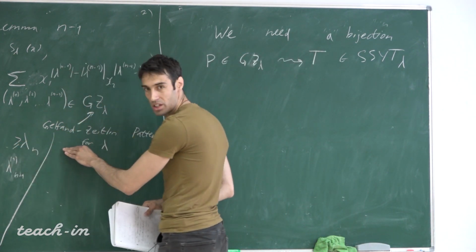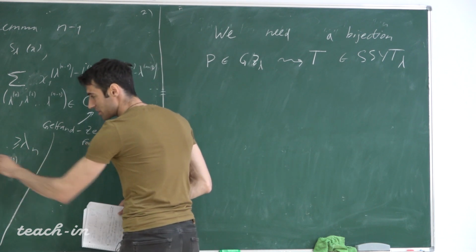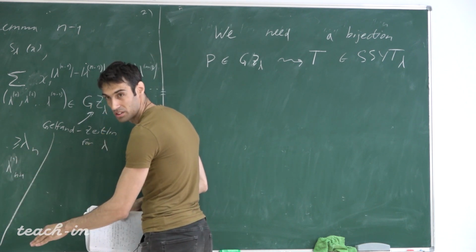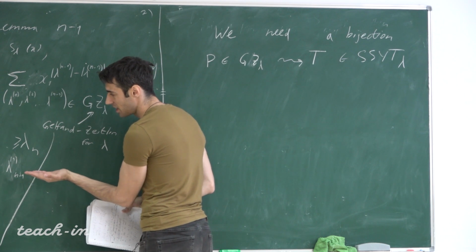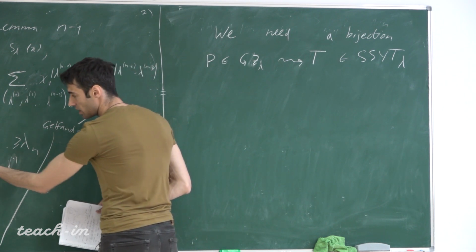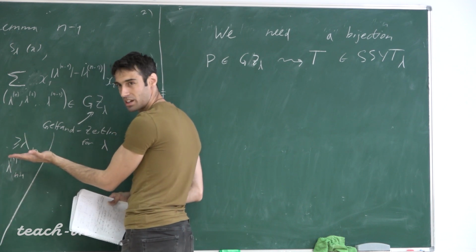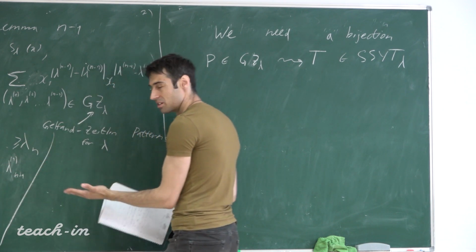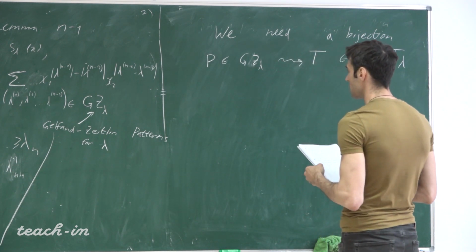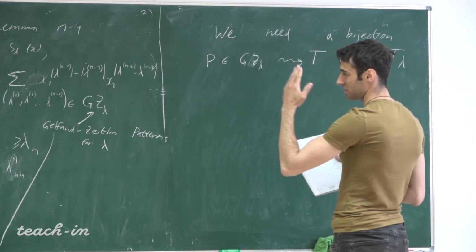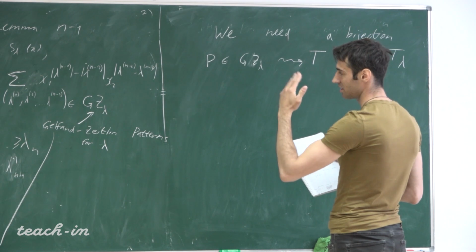You have a diagram for this one, and for this one, and so on, right? And actually, the diagram, say for lambda 1, is inside the diagram of lambda. This is inside the diagram of lambda, and so on. So I can consider a set theoretic minus.